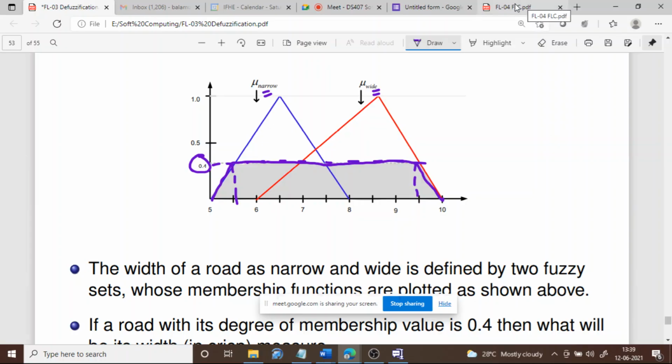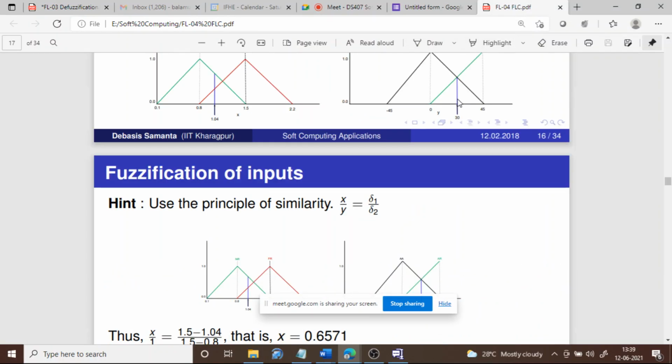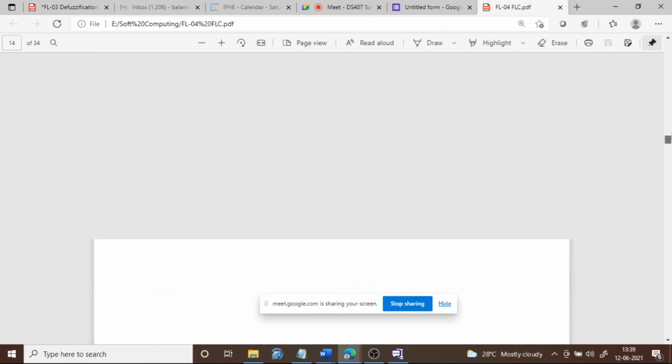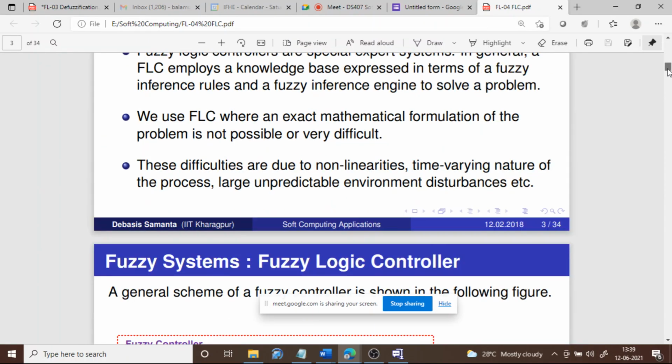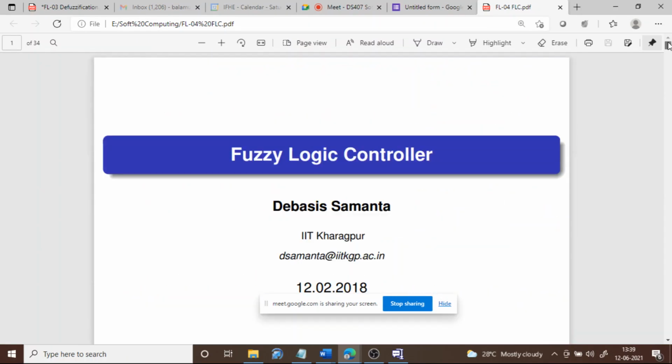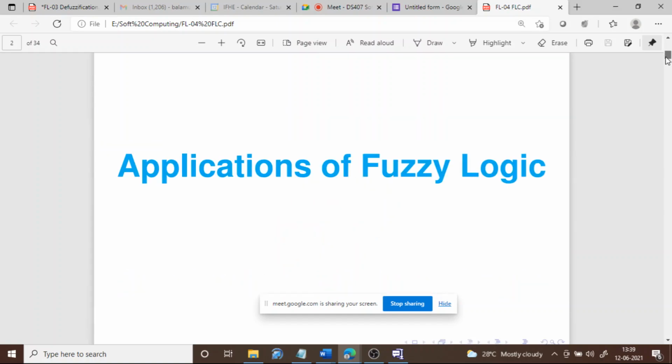Whatever we have discussed so far, these are the building blocks of fuzzy logic. In the initial lectures we discussed a diagram corresponding to fuzzy logic, if you recollect.